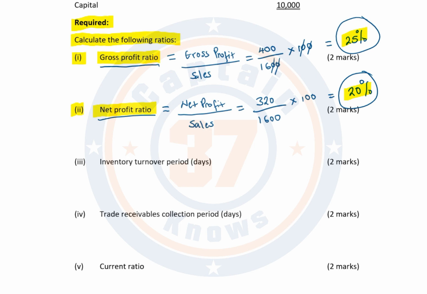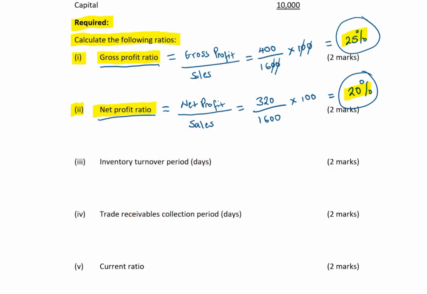You subtract those particular expenses from your gross profit. So the net profit ratio is the relationship of the gross profit less the expenses against your sales. And that is why the formula is as indicated here.